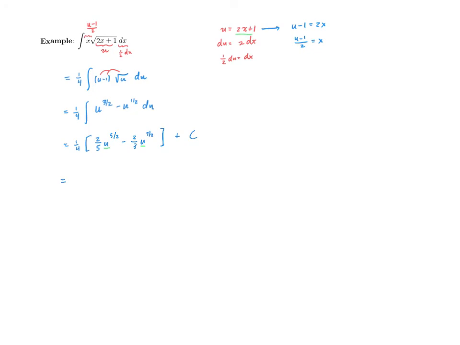So simply substituting back in, we will make each u a 2x plus 1. And once you get it into this form, there is certainly a little bit of arithmetic you can do with combining together constants, but I am perfectly all right leaving it in this form.